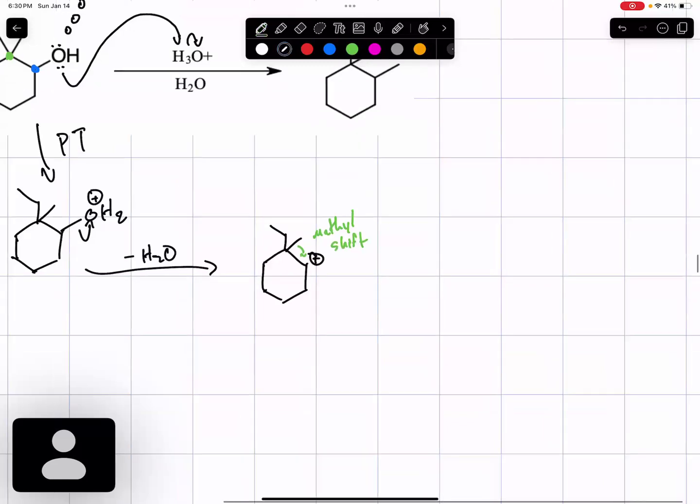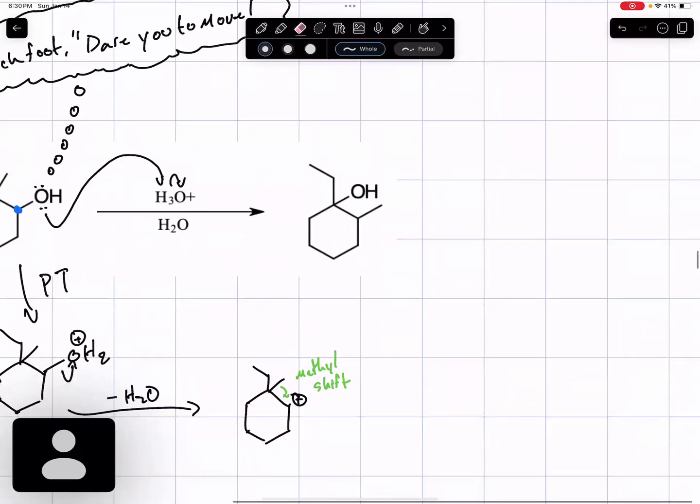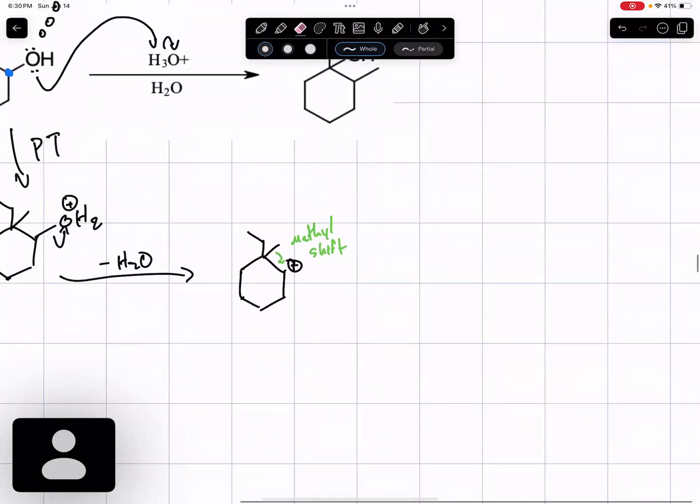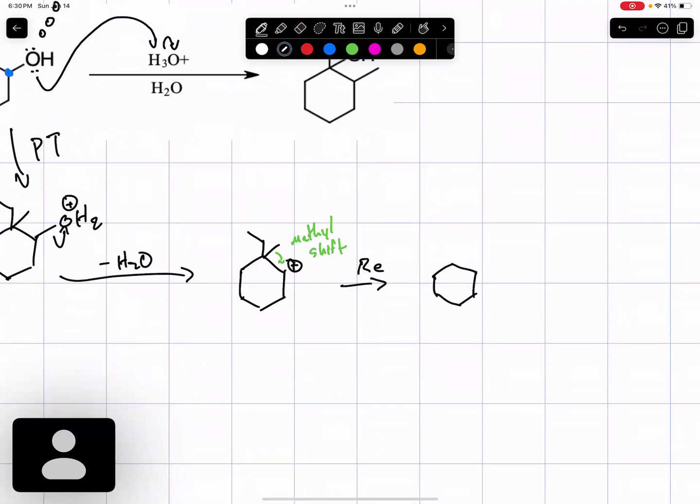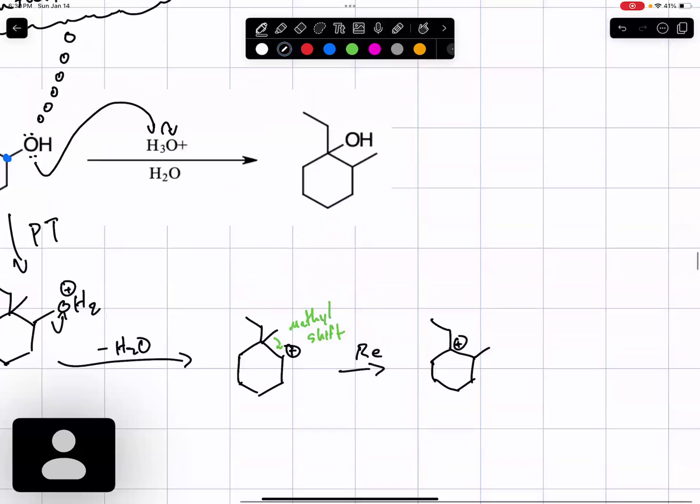You could have equally done a hydride shift, but a hydride shift doesn't get you closer to your product. So we do a methyl shift. This is rearrangement. Now we get an even better, more stabilized tertiary carbocation, right? And we're very close to our product.